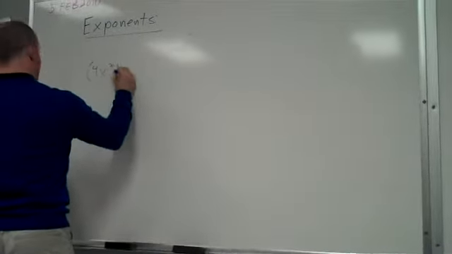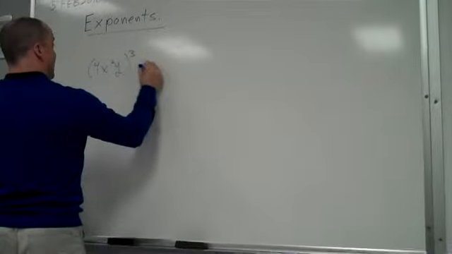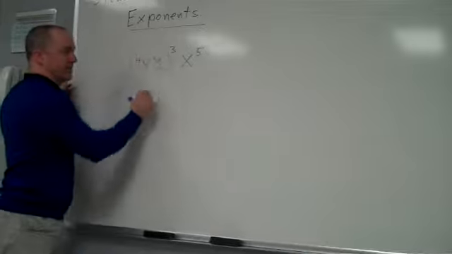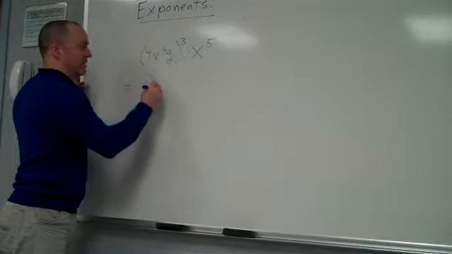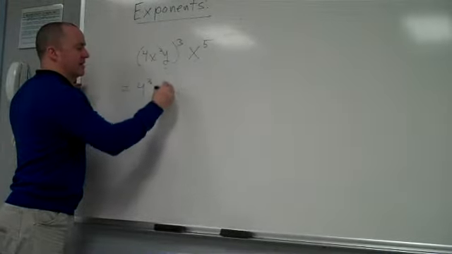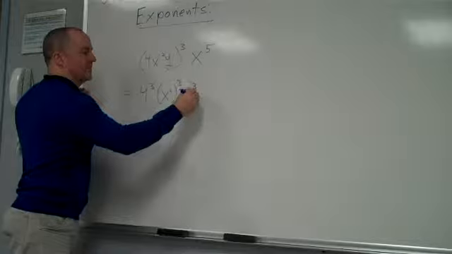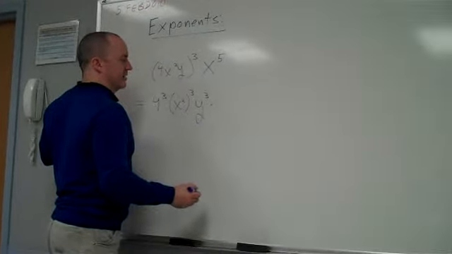4x squared y, whole thing to the third power, times x to the 5th. Jenny, first move. Okay, so your first move is going to be distributing the exponent to the 4, the x, and the y, except for x squared, because the x already has an exponent, you have to multiply those.